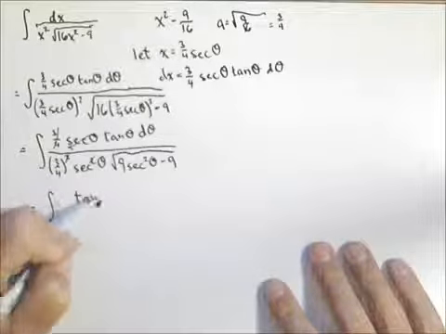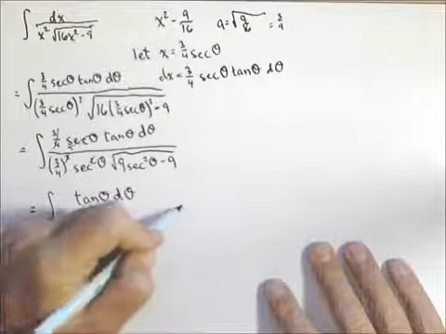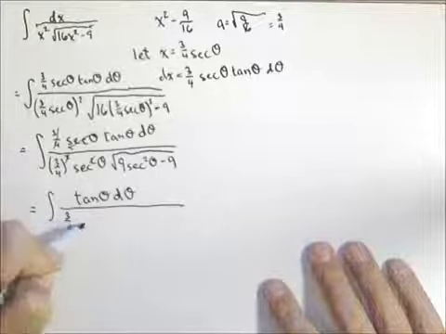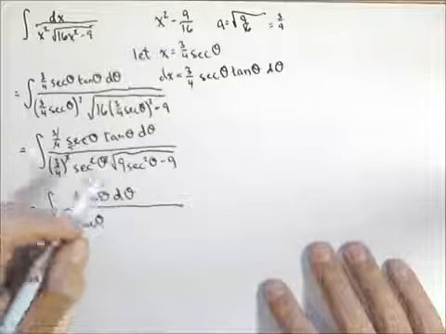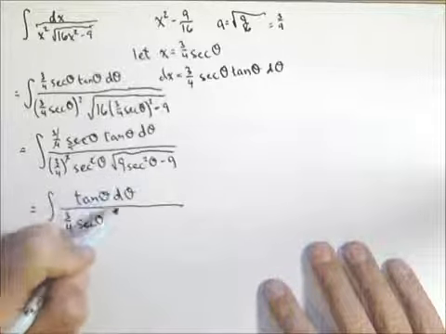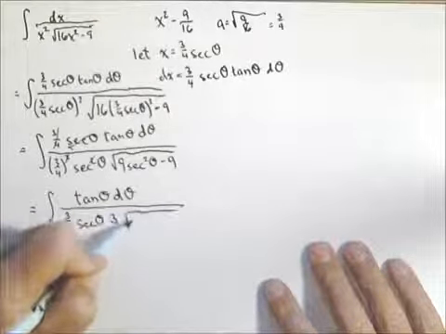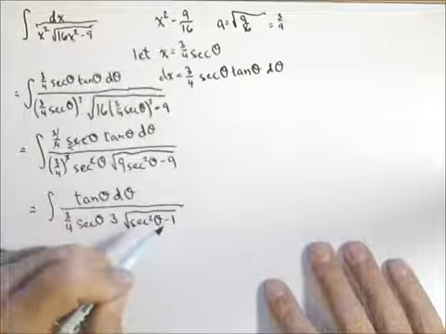Right now we're at tangent theta d theta all over 3/4 secant theta. We factored out the 9 and pulled it out of the radical, so 3 times secant squared theta minus 1.